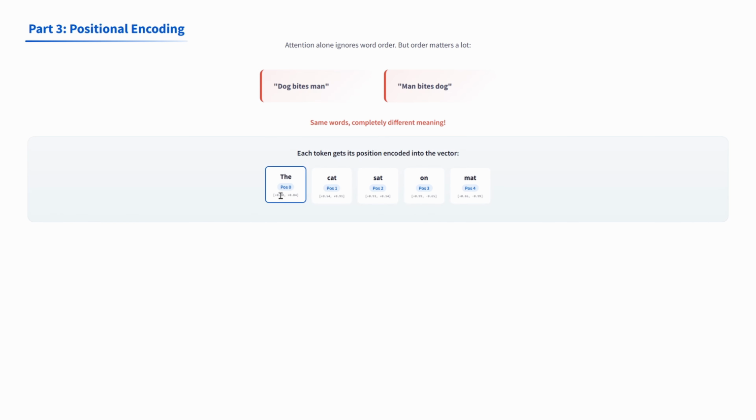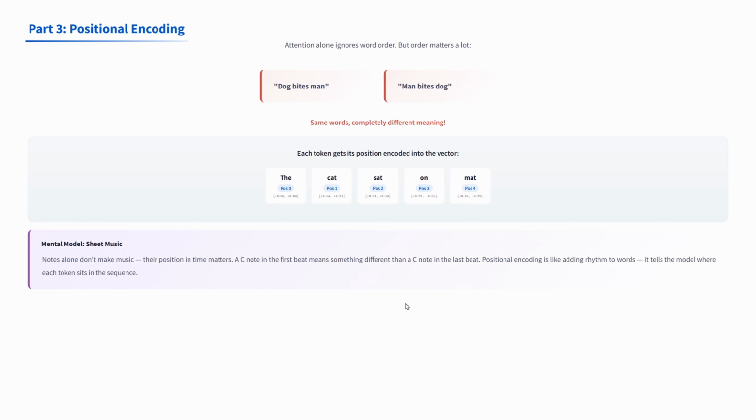Each word has a position encoded as a small vector, right? That gets added to the word's embedding. These position vectors follow a specific pattern using sine and cosine functions, which helps the model understand both absolute position and relative distance between the words.